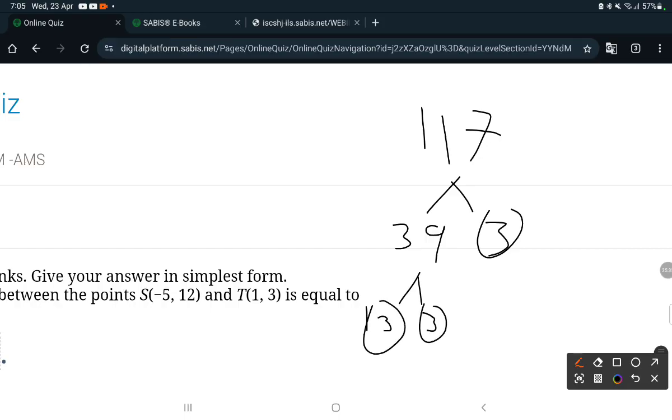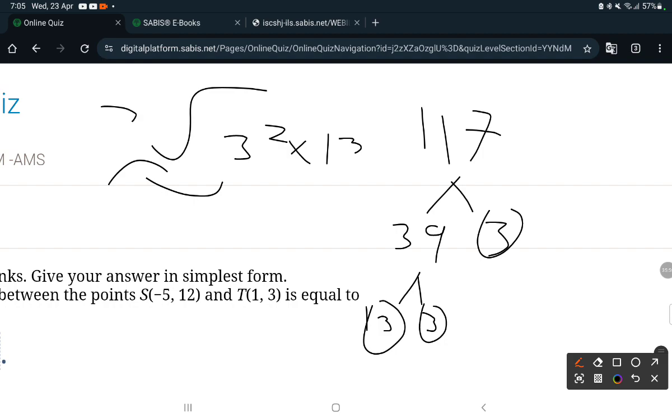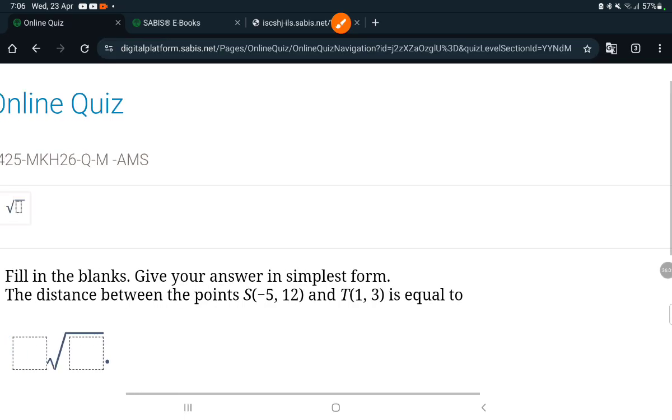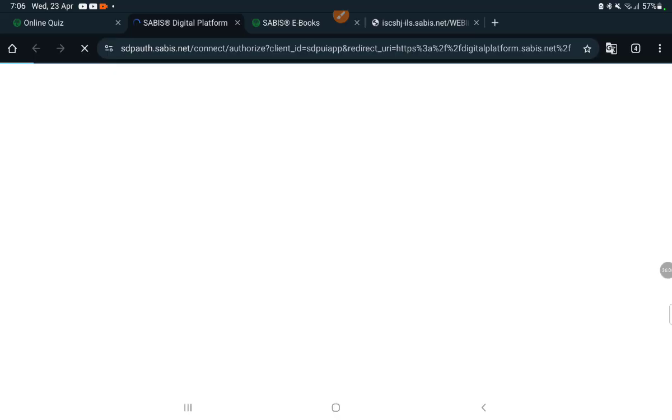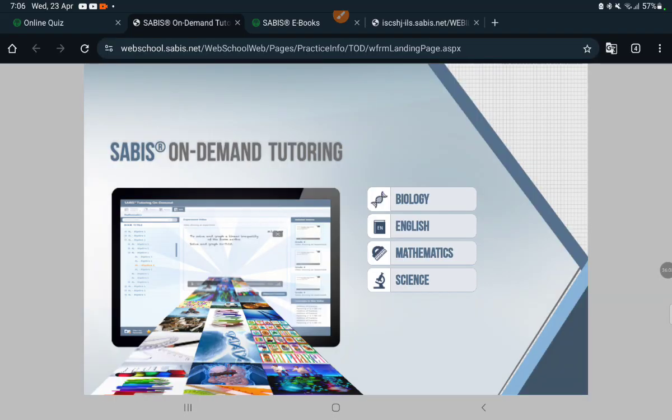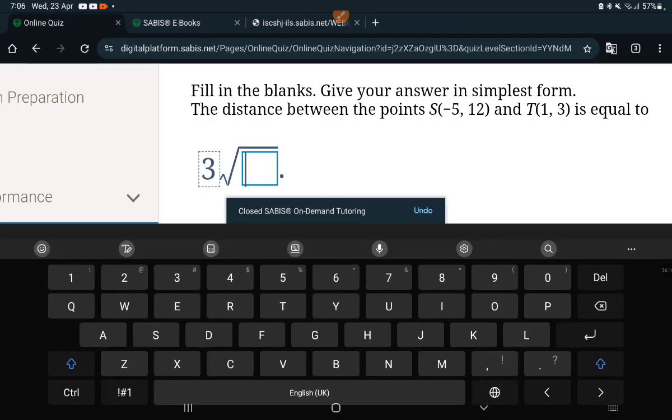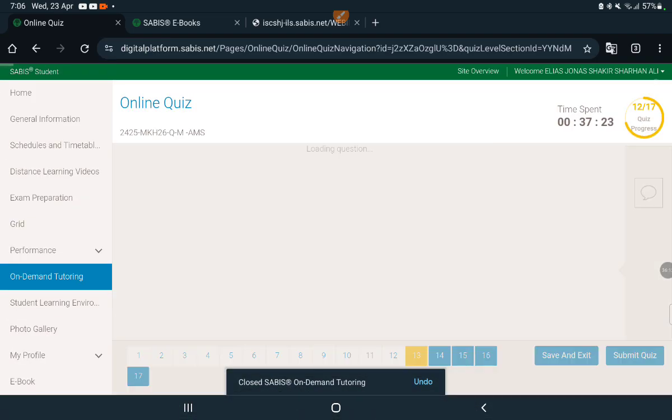So since we have 3 squared multiplied by 13, we take out this 3 squared, and it will be 3 radical 13. Okay. So 3 radical 13.